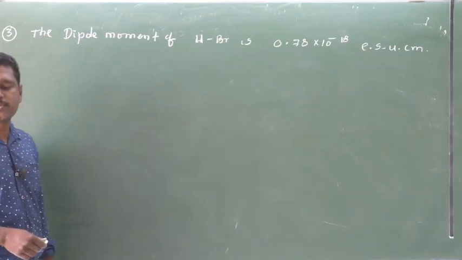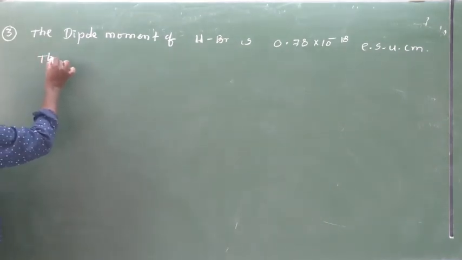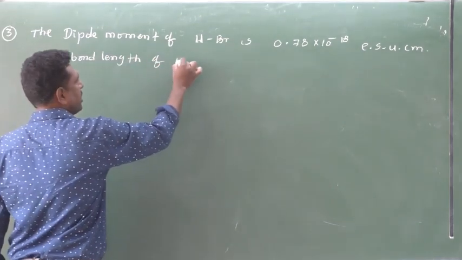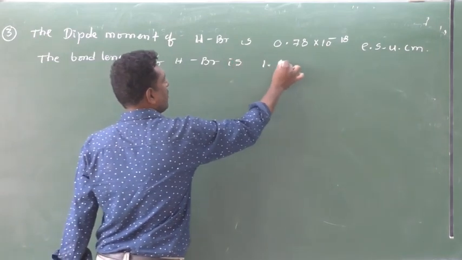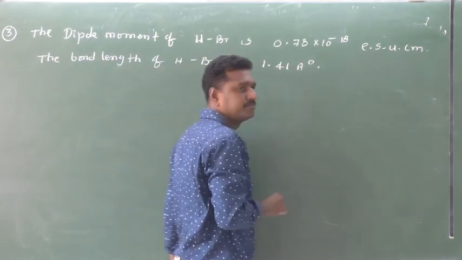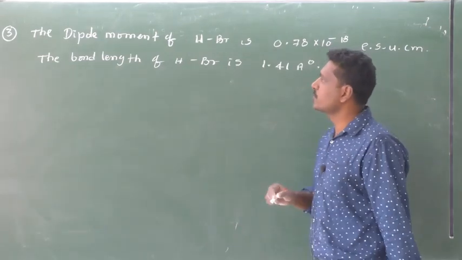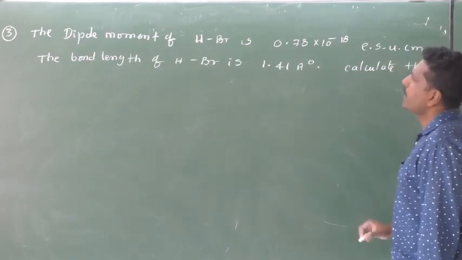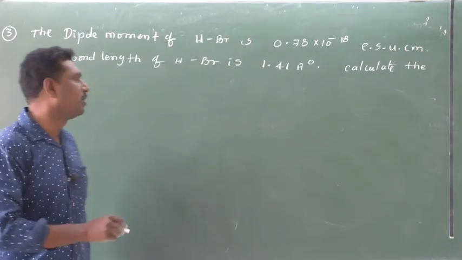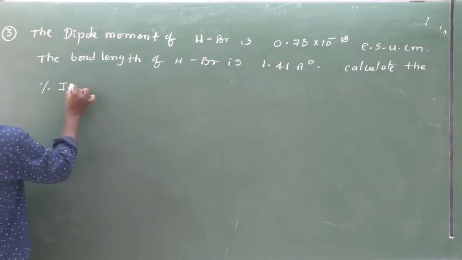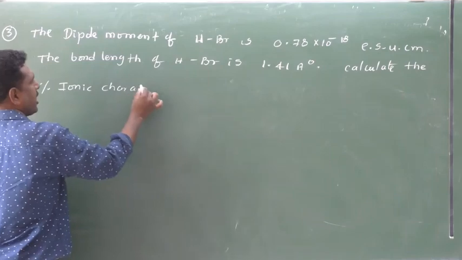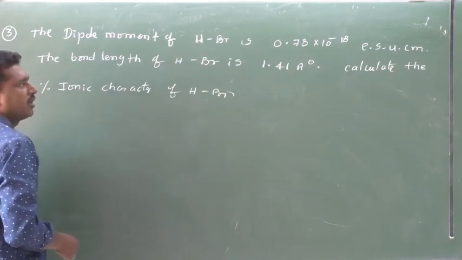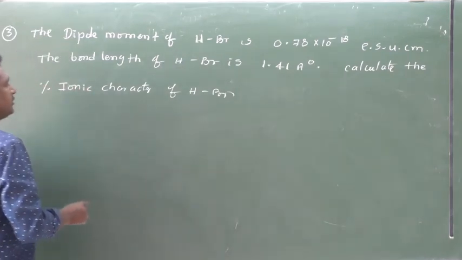The bond length of HBr is 1.41 angstroms. Calculate the percentage ionic character of HBr.